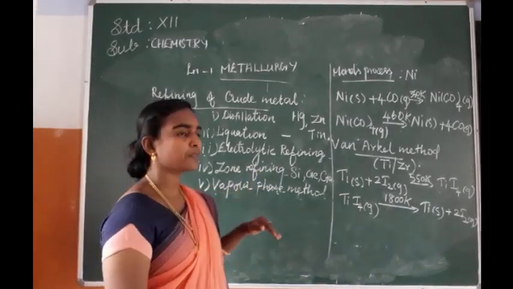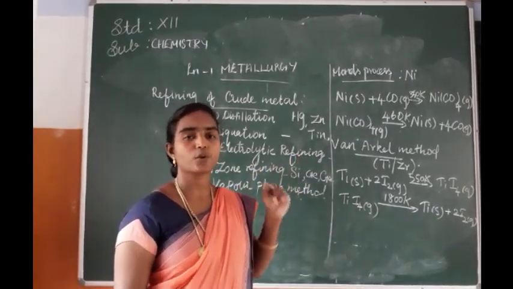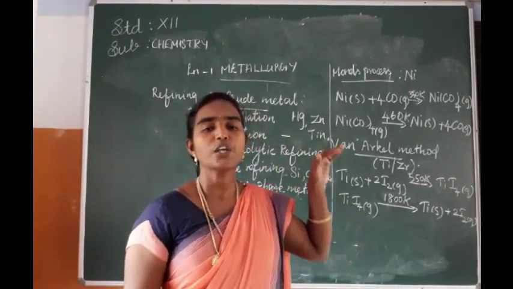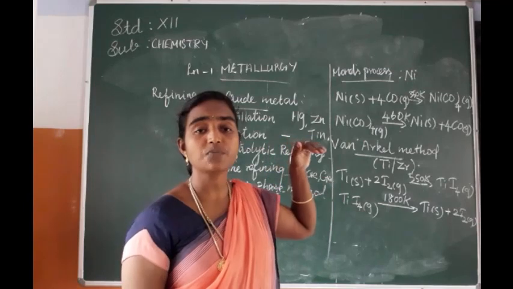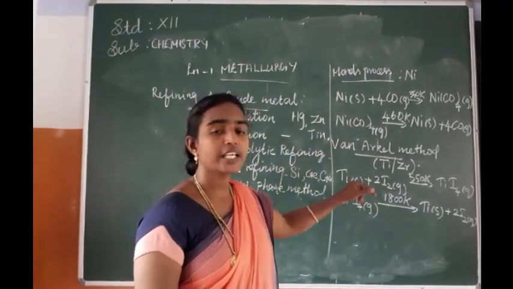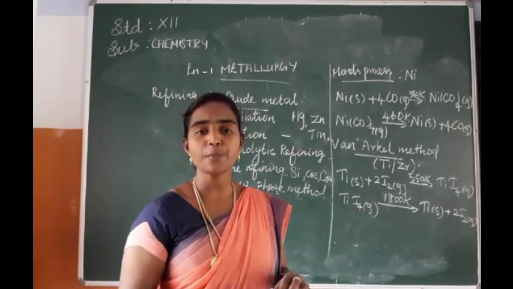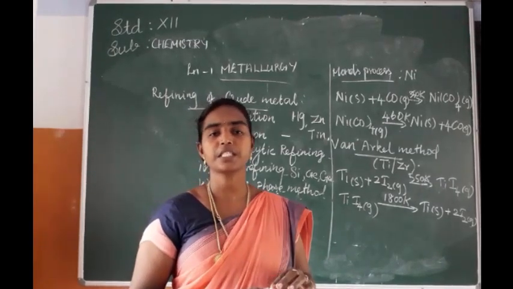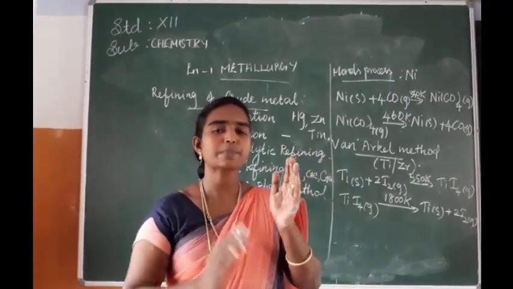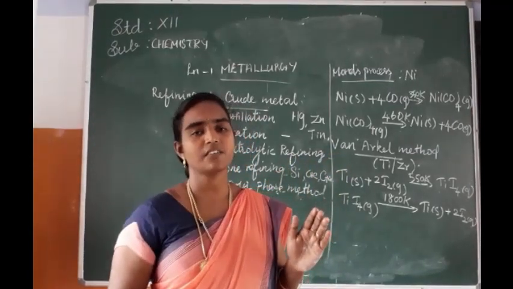Next, the vapor phase method. It is done by two processes. One is the Mond process, the next one is the Van Arkel method. In the Mond process, we can purify nickel using carbon monoxide. Here we can purify titanium or zirconium using iodine vapors. Is it clear?